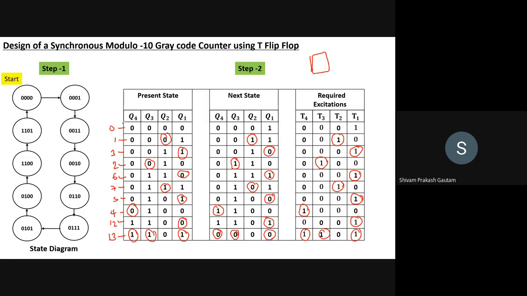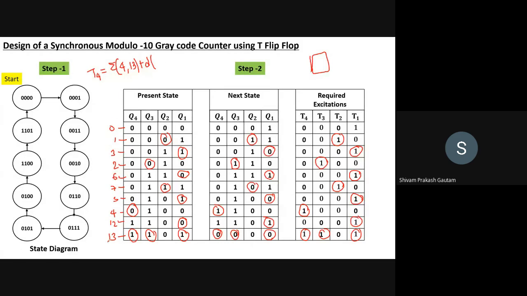Okay. So just see. If I want to write the min terms for T4, it will be summation of, just see where T4 is 1, at 4 and 13, plus don't care.